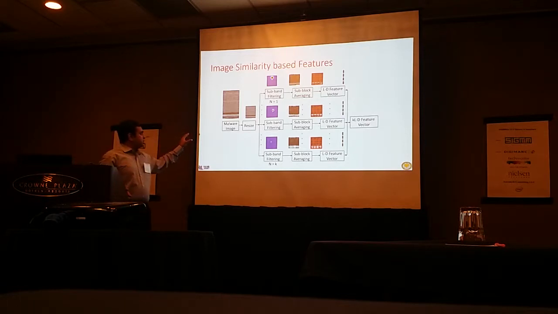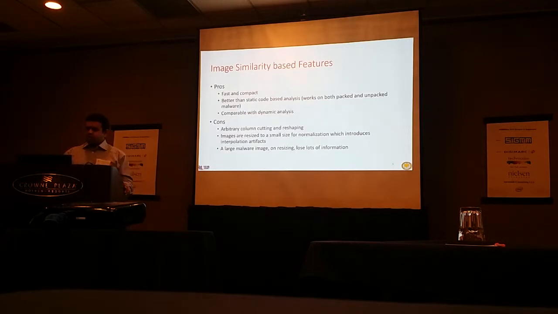You have an image, it's resized to a small thumbnail, and then it's filtered across different frequency bands. After filtering, some statistical quantities are computed to form a large feature vector. The advantages are that it's fast, it's compact, and it's better than static code analysis because it works on packed and unpacked malware, and it's also comparable in performance with dynamic analysis.